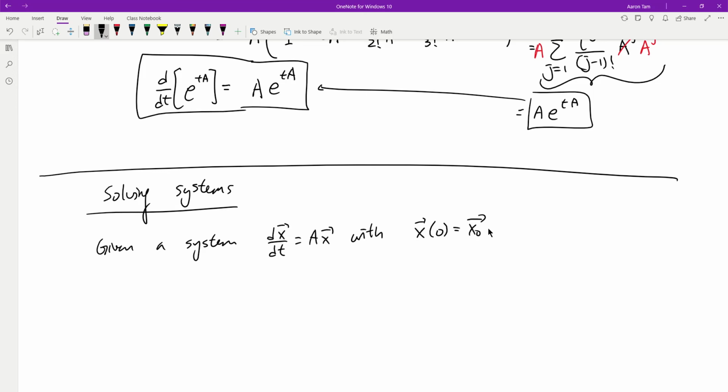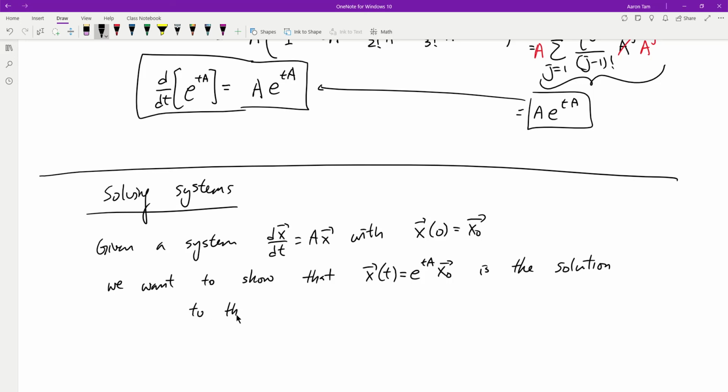What we want to do is show that we can use the matrix exponential to form the solution to this system of differential equations. So we want to show that x of t equal to e to the tA x sub 0 is the solution. Not a general solution, but specific to the initial condition, it is the solution to this initial value problem.